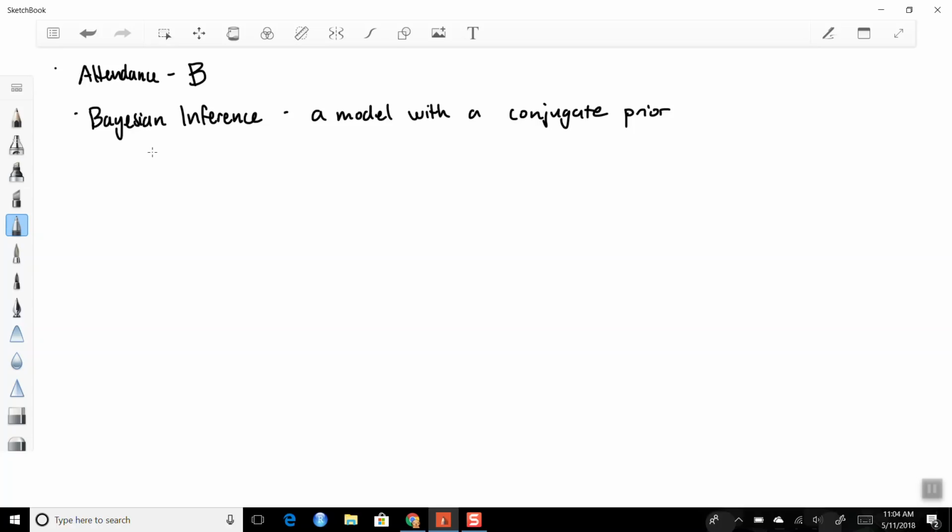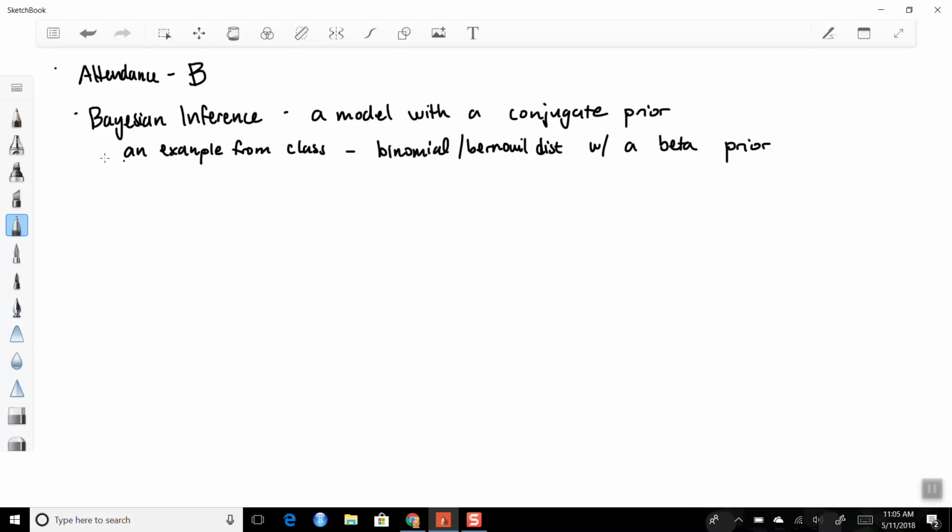An example from class was the binomial or Bernoulli model with a beta prior.